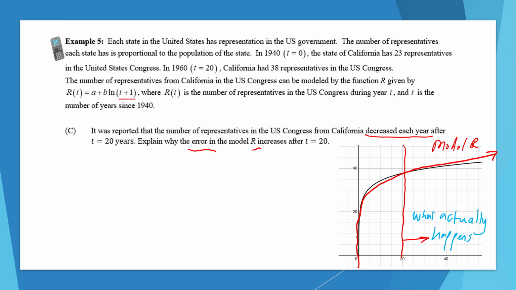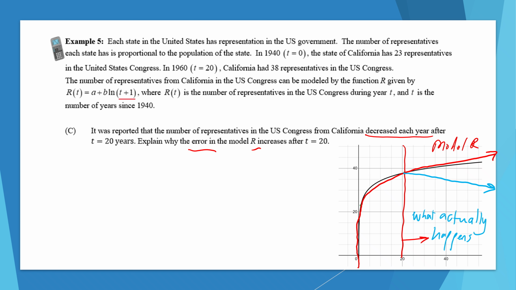So model R is simply just a prediction, right? It doesn't tell us any actual information, but we are given that past t equals 20, the actual number will constantly be decreasing. We don't know at what rate, right, what the slope of that line is, but we just know it goes down constantly.